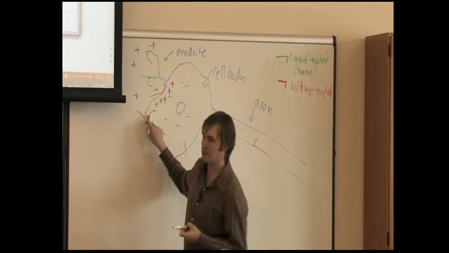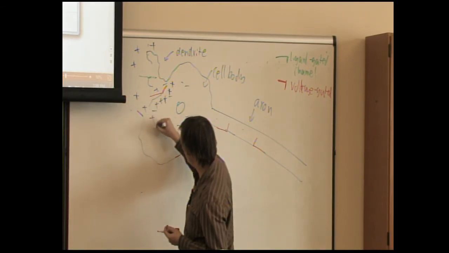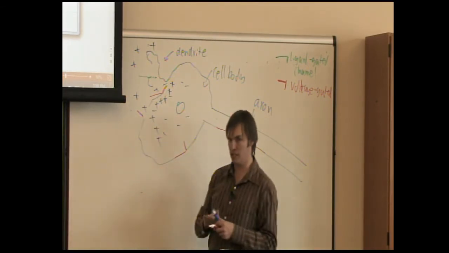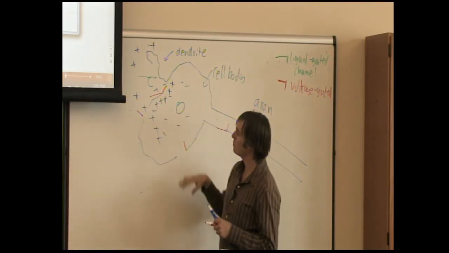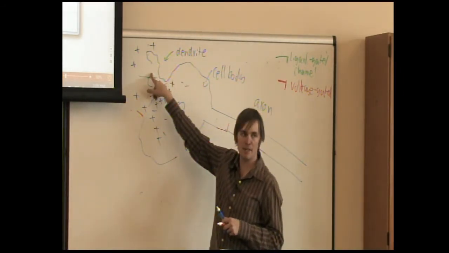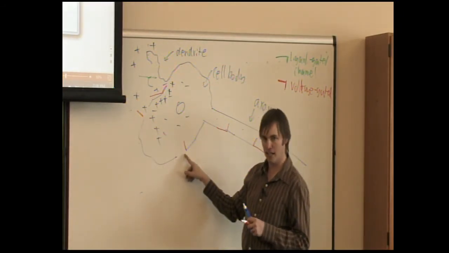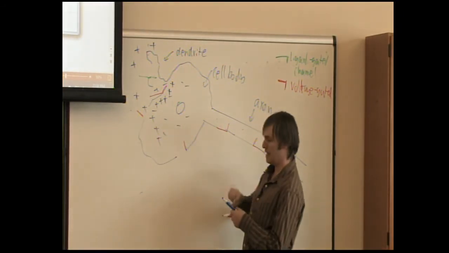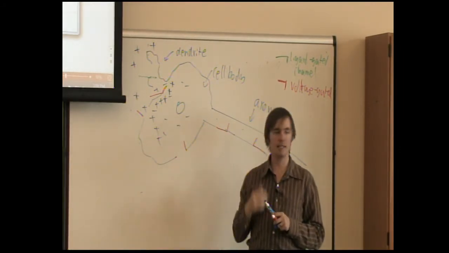What's it going to do to the next one? That one's going to open, let more positive ions in, and the next one, right? So that's what happens to start an action potential, and then the positive ions opening the next voltage-gated channels is traveling down the axon. They all just react to the positive ions coming in.